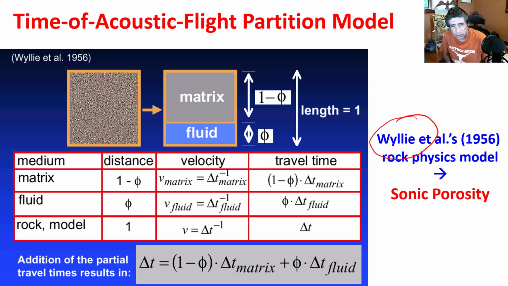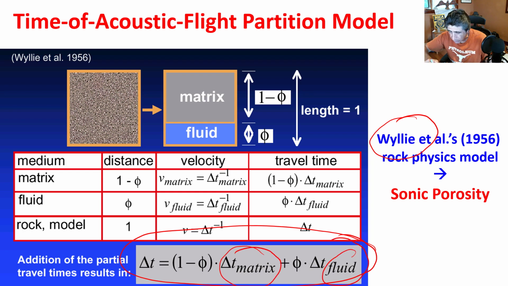He came up with this very simple time-average equation, in which he said the easiest way to understand the fastest time of flight of these waves is by partitioning the time of flight that the wave spends going through the solid component of the rock and the fluid component of the rock.